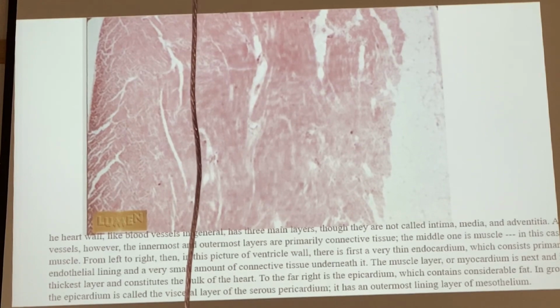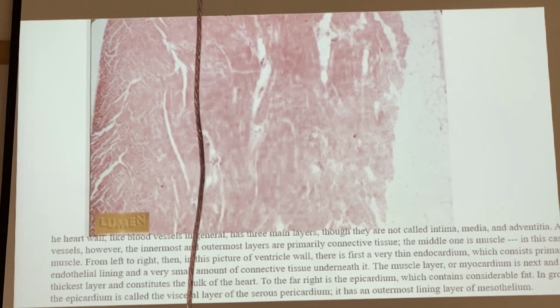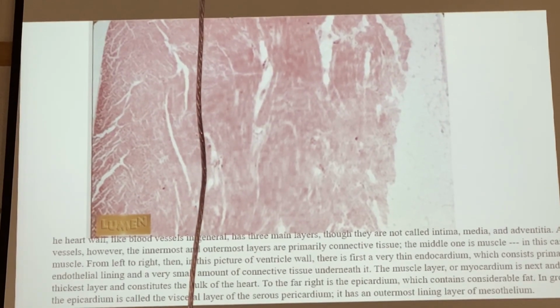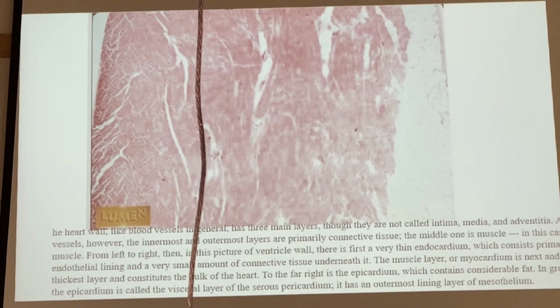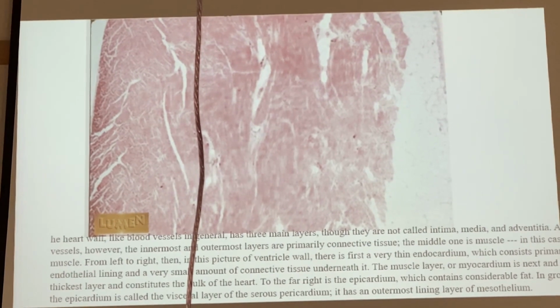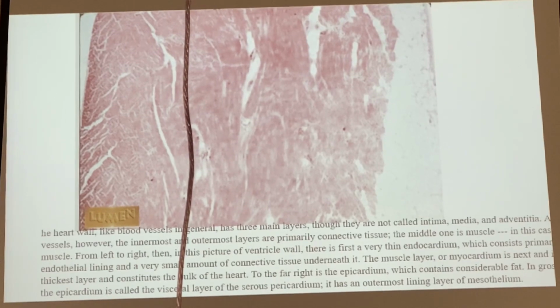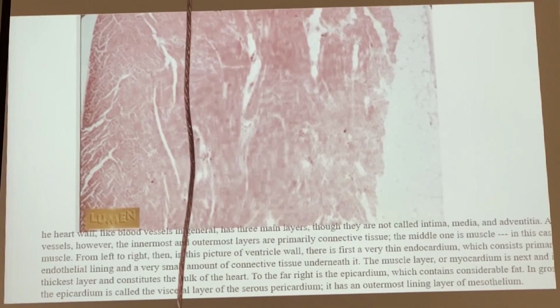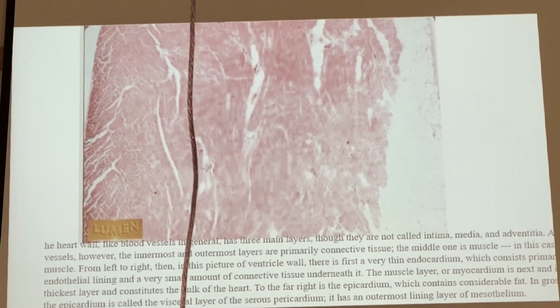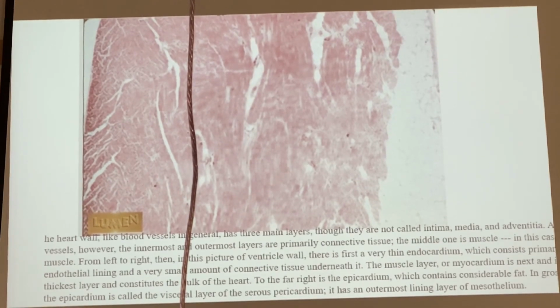The lumen, the valves, the chordae tendineae, and the papillary muscles. The chordae tendineae and the papillary muscles are anatomical structures we haven't described yesterday.